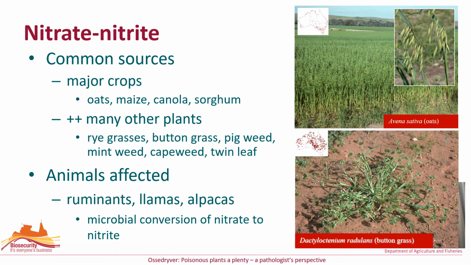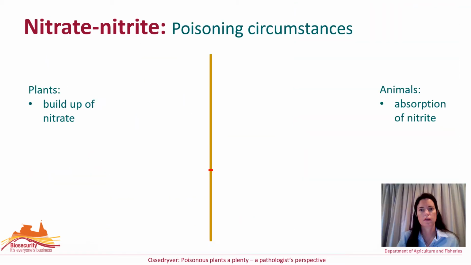Like with cyanide poisoning, ruminants and alpacas and llamas are susceptible to poisoning because of their ruminal or stomach environment, and in this case they contain microbes that convert plant nitrate into nitrite. The occurrence of poisoning in livestock is a result of incompatible plant and animal factors, where an excess of plant nitrate promotes absorption of toxic nitrite within the animal.